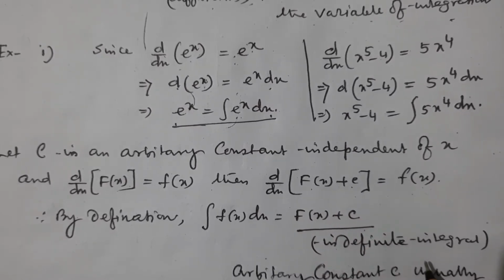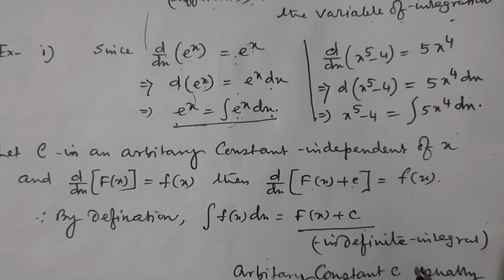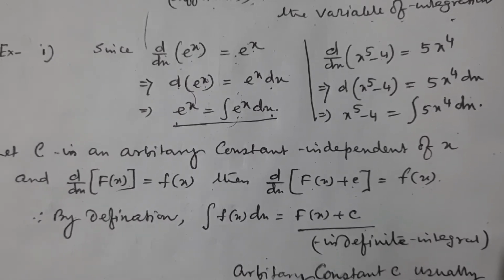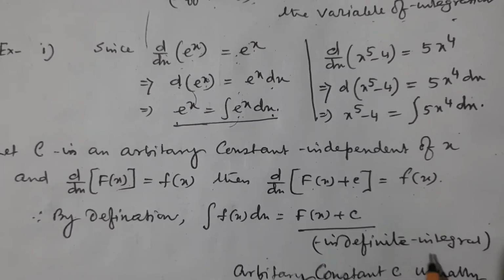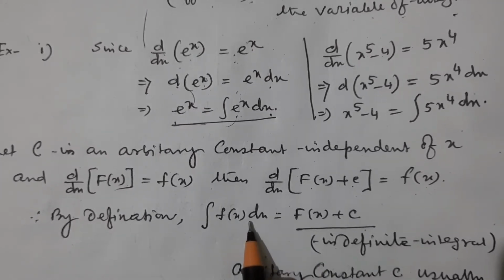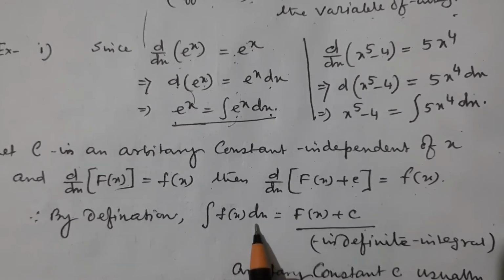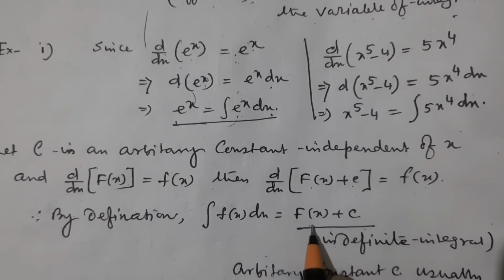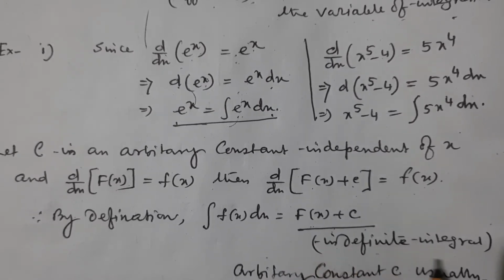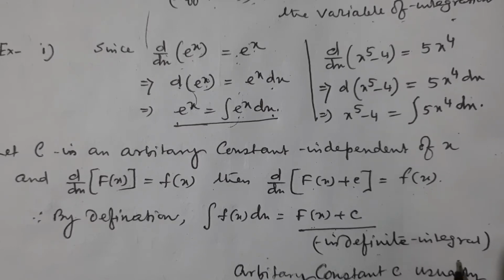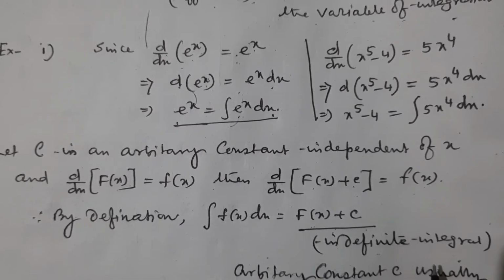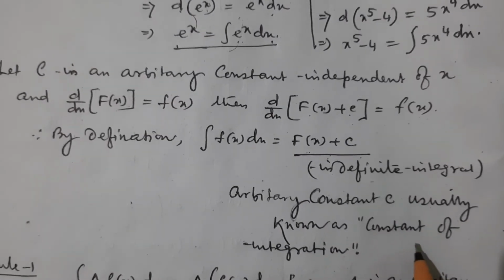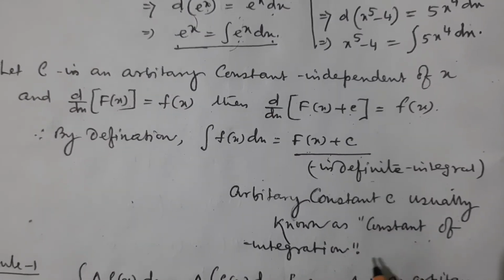This is the indefinite integral. Clearly, the general solution of the integral of f(x) dx is capital F(x) plus c. Here, capital F(x) plus c is called an indefinite integral of f(x), and the arbitrary constant c is usually known as the constant of integration.